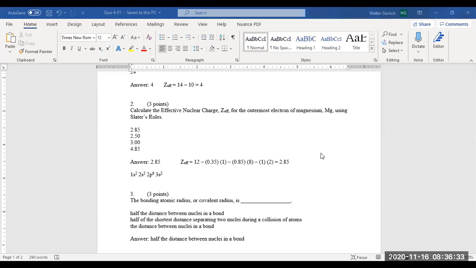So we have 0.35 times 1, and then minus, for that next level down, it's 0.85. We have 8 of those. So we have 2 2s electrons and 6 2p electrons, total of 8. And then for the levels below that, n minus 2 and more, in this case we have a 1s2 orbital, so we have 2 electrons in that. So if we go ahead and do that math, we get a value of 2.85.